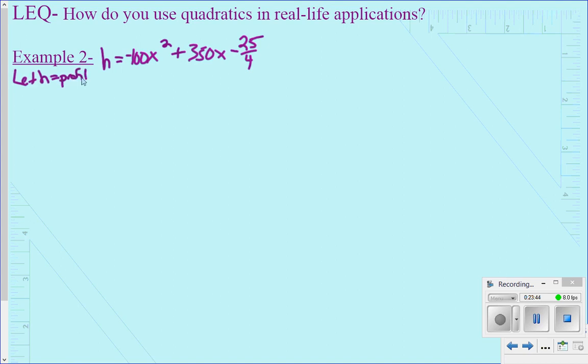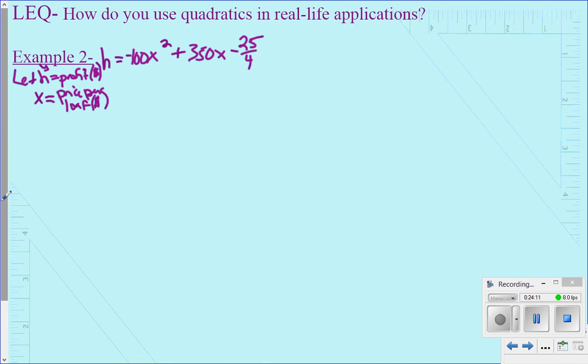And remember, H is like your Y. Then X, it actually says, where X is the price of a loaf of bread in dollars. So profit in dollars is our Y. X is our price per loaf. And again, that's in dollars.